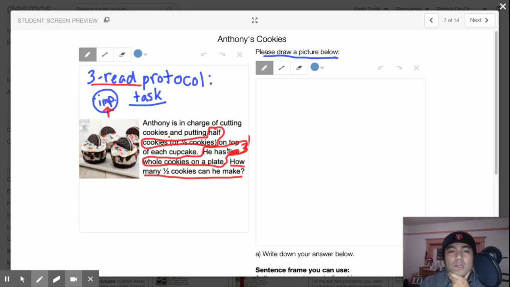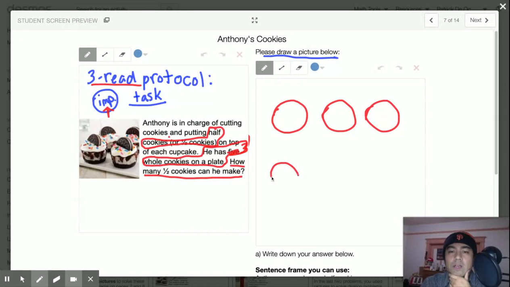All right. How many half cookies can he make? And I know he has 3 whole cookies. All right. So, I'm going to draw a circle for the first cookie, another circle for the second cookie, and another circle for the third cookie. All right. Wait a minute. How many half cookies can he make? Okay.